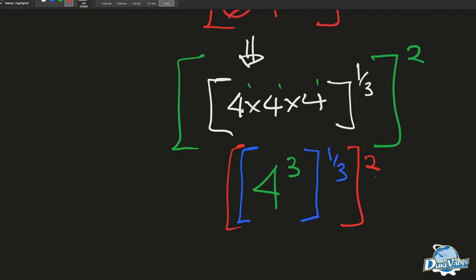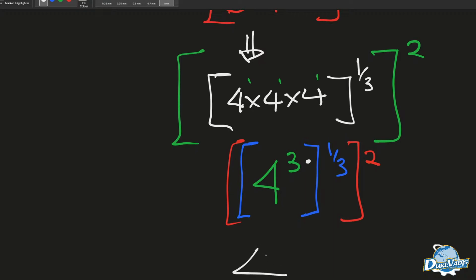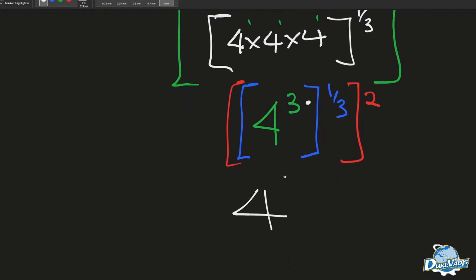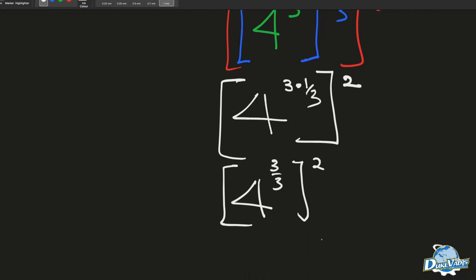What do you see? It makes sense that this 3 is multiplying by 1/3. So we can say 4 to the power 3 times 1/3, all in brackets, with the 2 out. This can also be written as 3 times 1/3 equals 3 over 3, all in brackets, 2 out.